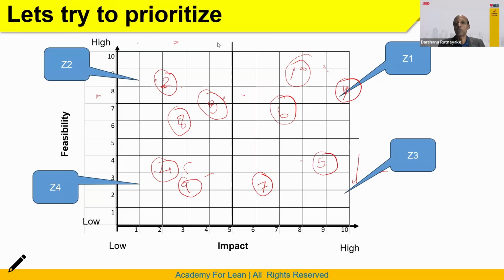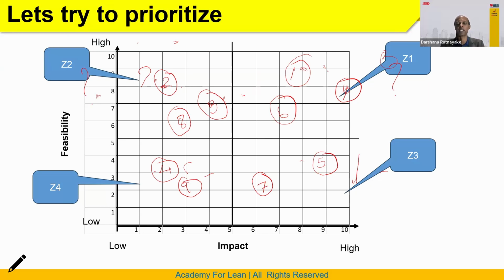Definitely zones 3 and 4 no. Now we have an argument over whether it is zone 1 or zone 2. This is our problem, and we need to discuss. If we implement zone 1, it is very easy to do and very high impact.